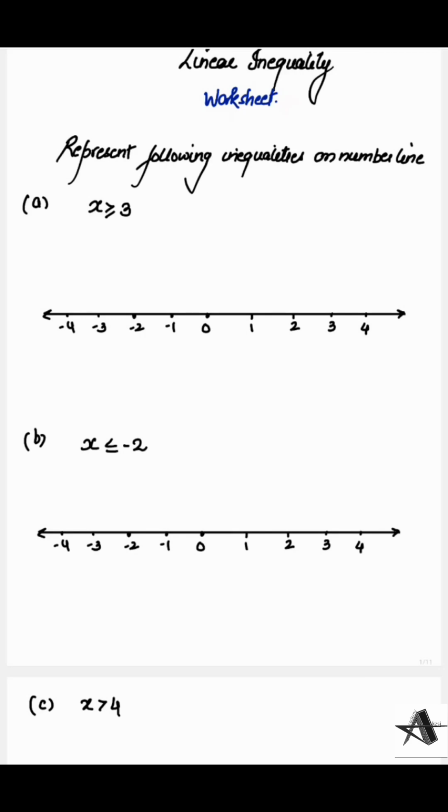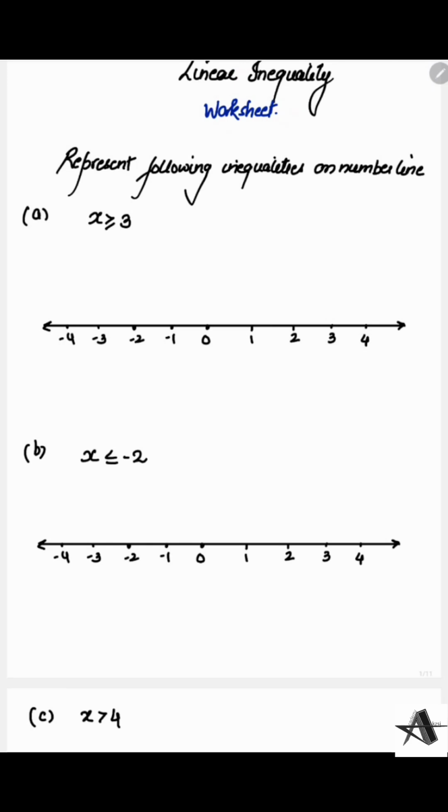So let me start with this. Question 1 says represent the following inequalities on a number line. x greater than or equal to 3. So at 3 I'll draw a circle. Now I have to see whether x is greater or smaller. Obviously x is greater.